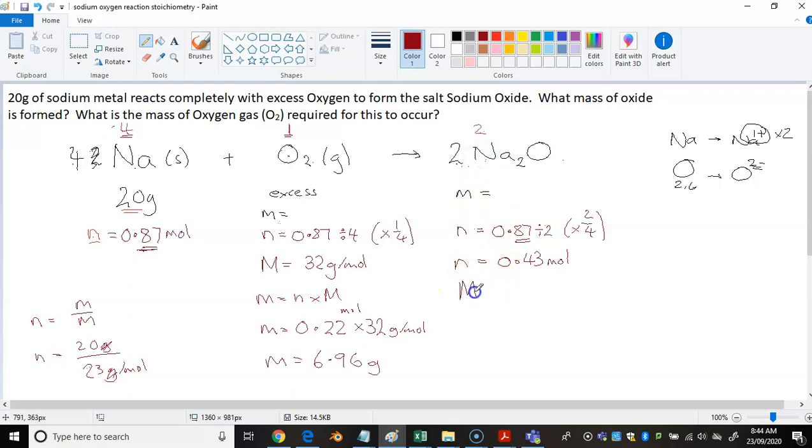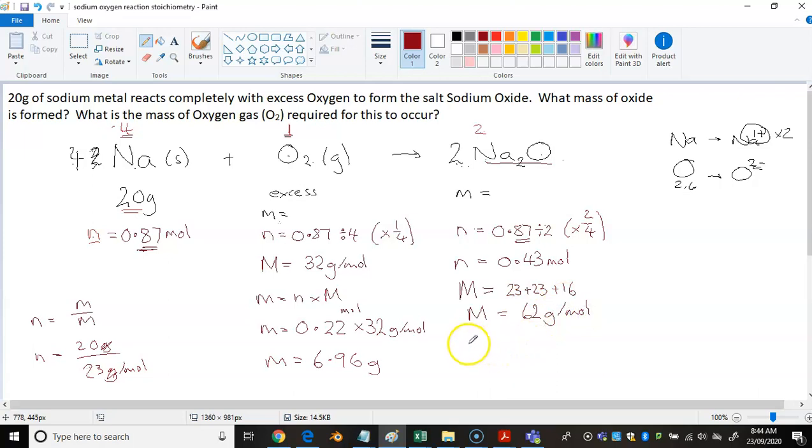Now we need the molar mass for this, which is Na2O, which is 23 plus 23 plus 16, 2 sodiums, 1 oxygen, and so the molar mass is 62 grams per mole.